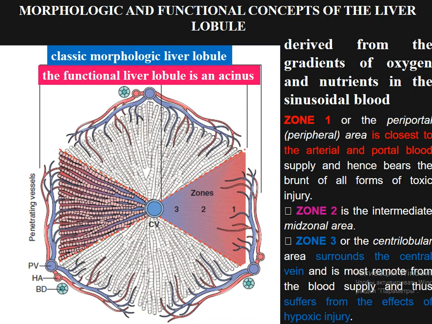Zone 2 is the intermediate or mid-zonal area, and zone 3, or the central lobular area, surrounds the central vein and is most remote from the blood supply and thus suffers from the effects of hypoxic injury first of all.